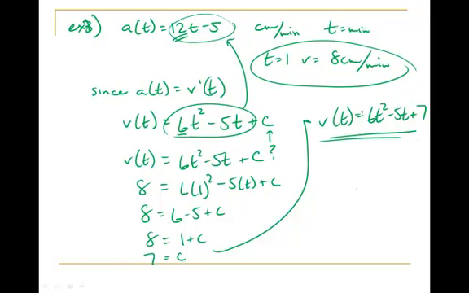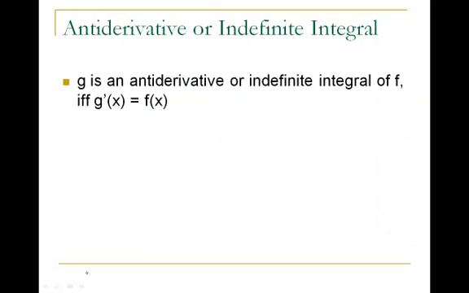So we've taken velocity, looked at derivatives to find acceleration, and now we just looked at acceleration and worked it backwards to find velocity. The key is we've got to find this plus c value. Now this is called the indefinite integral.